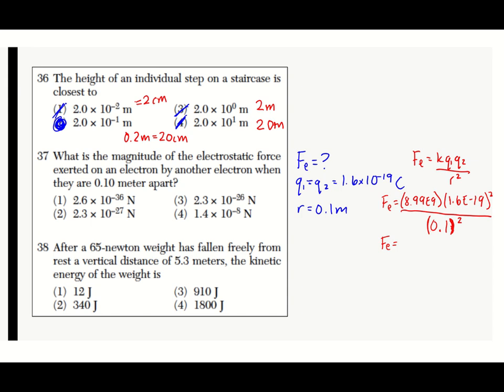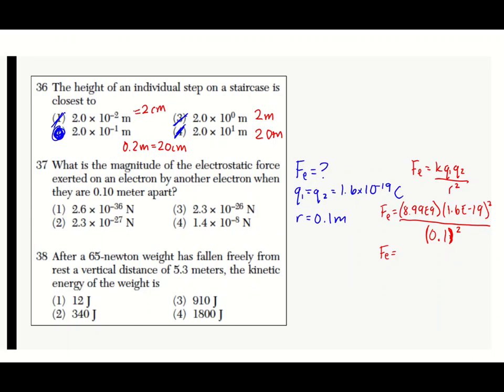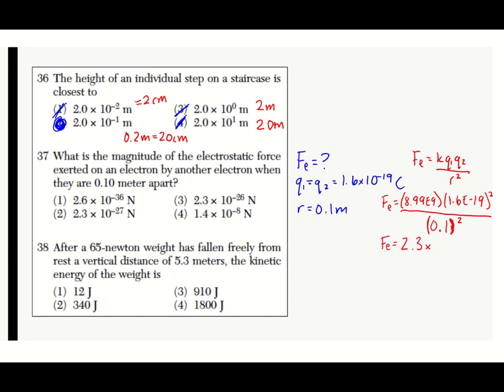Don't forget it's squared. That's a common mistake for people to leave out, is that it's squared. And so you're left with this answer of 2.3 times 10 to the negative 26 Newton, and that's choice 3. If you get choice 2, that means you forgot to square R on the bottom.